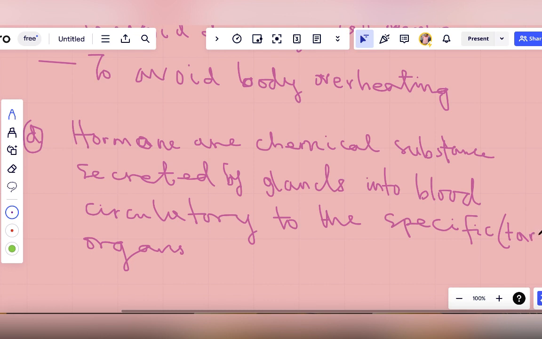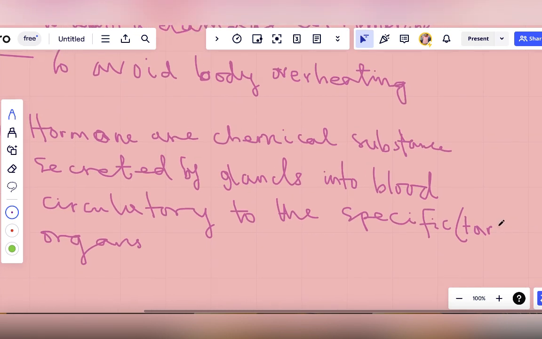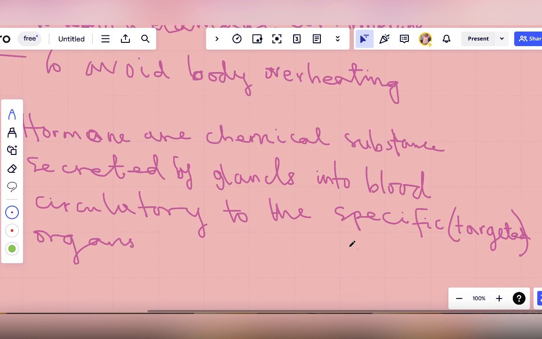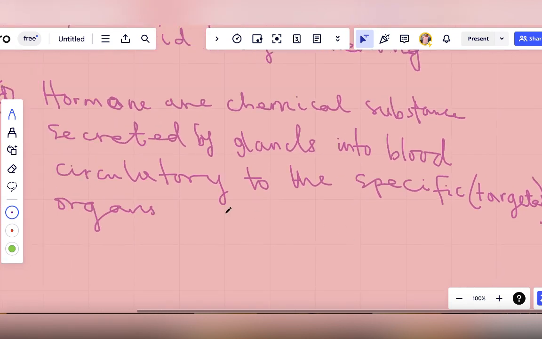It means not every organ, only the organs where they need to act upon, that's where they drop down from the blood. So specific or targeted organs. Okay, so that's for hormones, because they want us to tell the difference between hormones and the other one, the nerves.